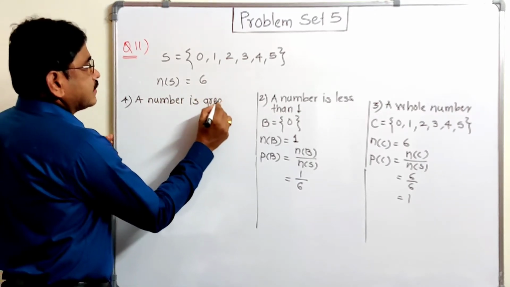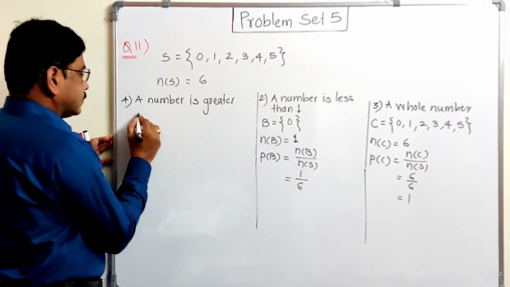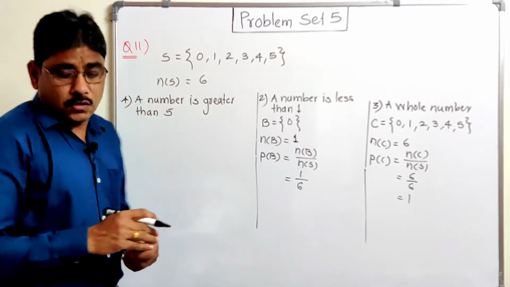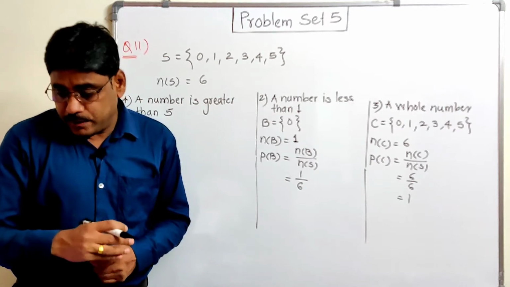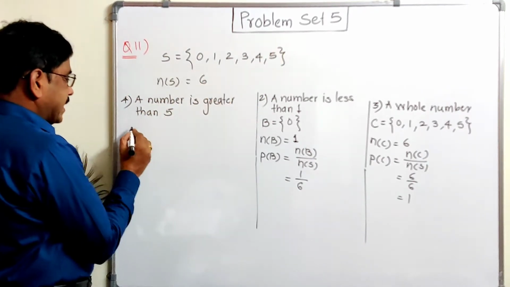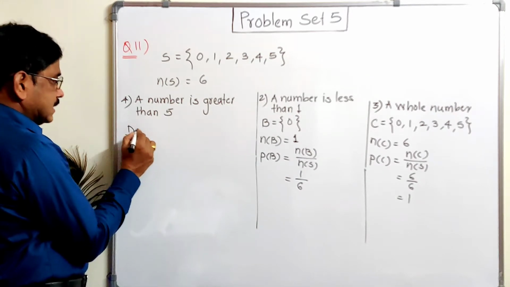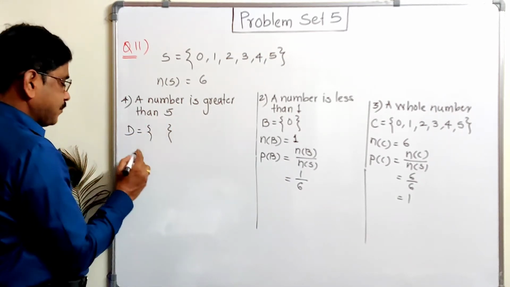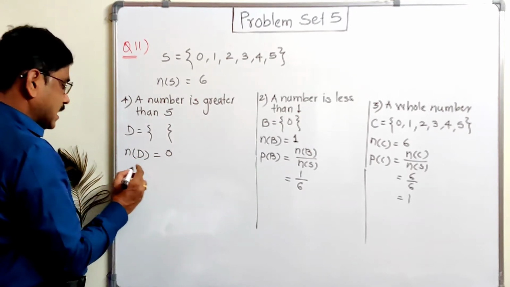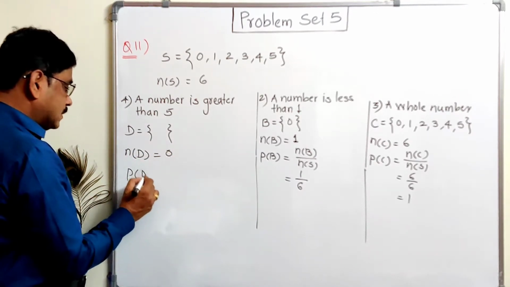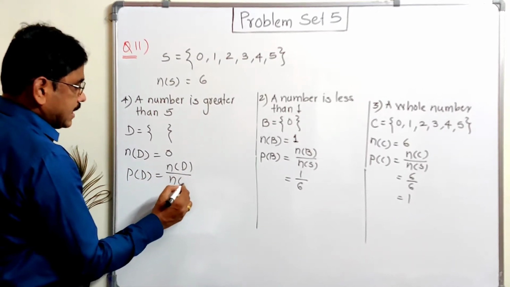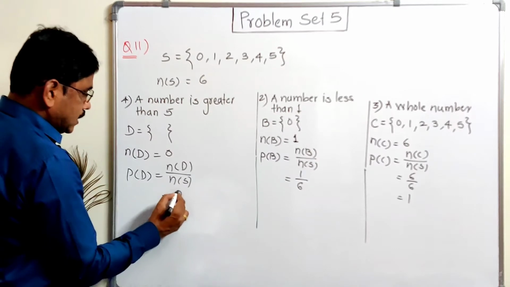The number on a card is greater than 5. So here there is no number which is greater than 5. Therefore this set D is an empty set. That means n(D) is equal to 0, and therefore probability of that set is equal to n(D) divided by n(S), that means 0 divided by 6.